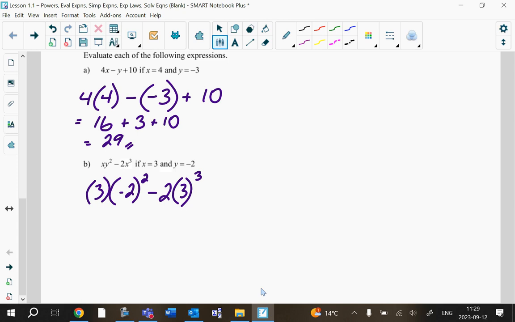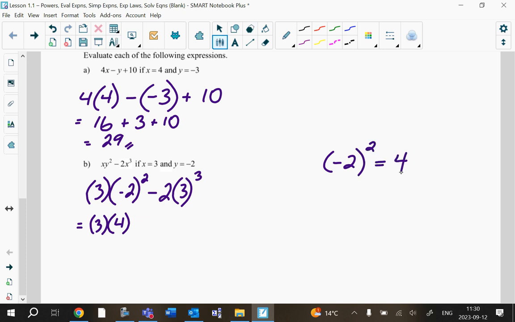What do we do first? The exponents. So I'm not going to touch the 3, but I have to do -2, and this is where parentheses are important. The negative's in with the 2, so it's -2 all squared, which is +4. Remember, this is +4.